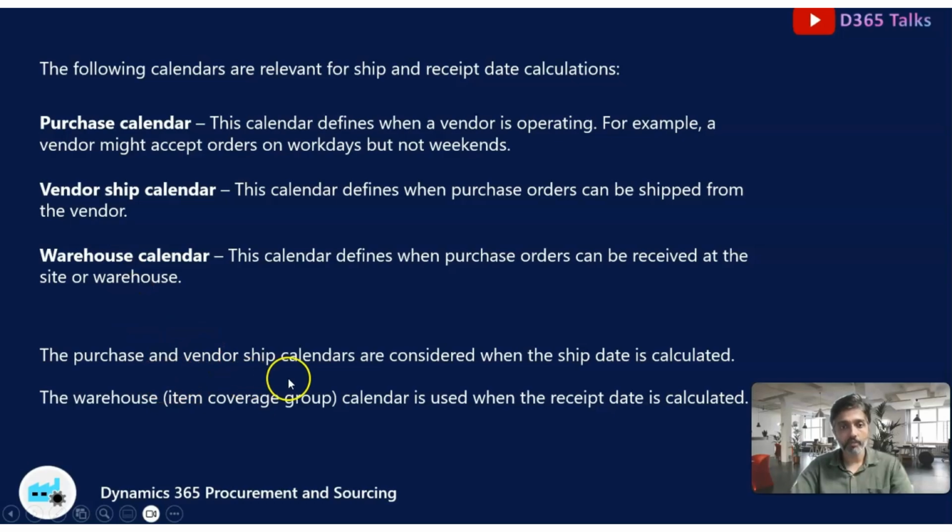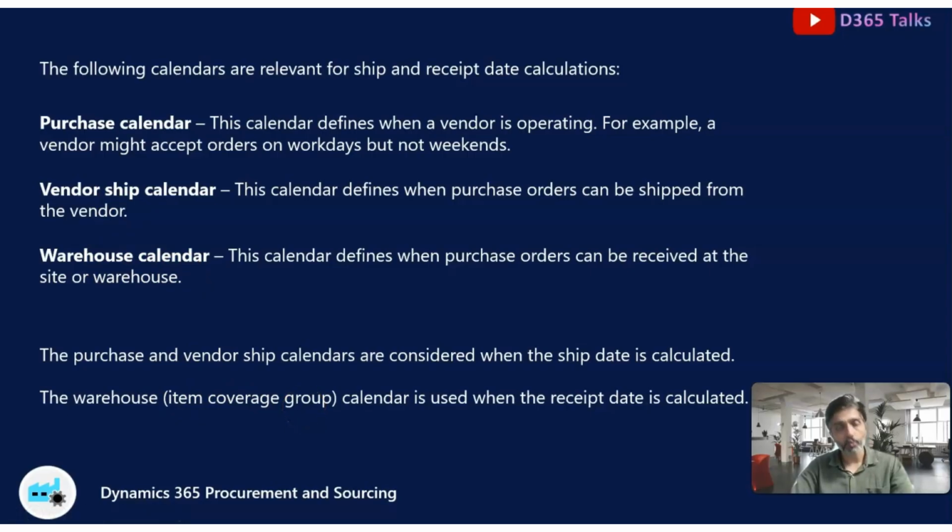The purchase and vendor ship calendars are considered when the ship date is calculated. These two calendars are typically linked to your vendor ship dates, and that's how they govern the ship date whenever it gets calculated in the purchase order lines. And your warehouse calendar, this is basically the item coverage group calendar, is used when the receipt date is calculated.